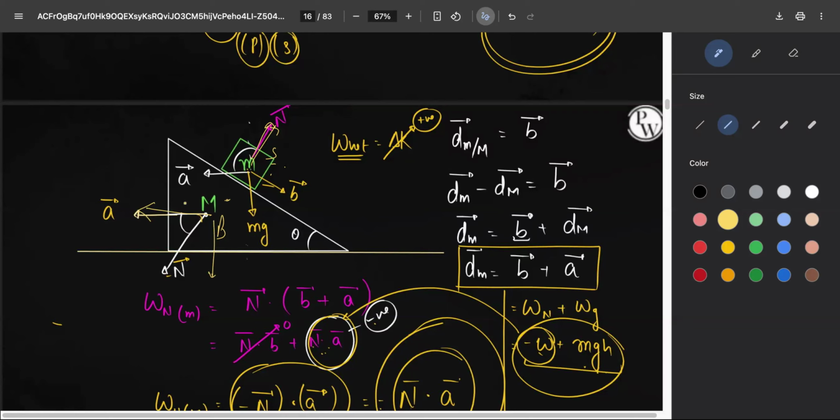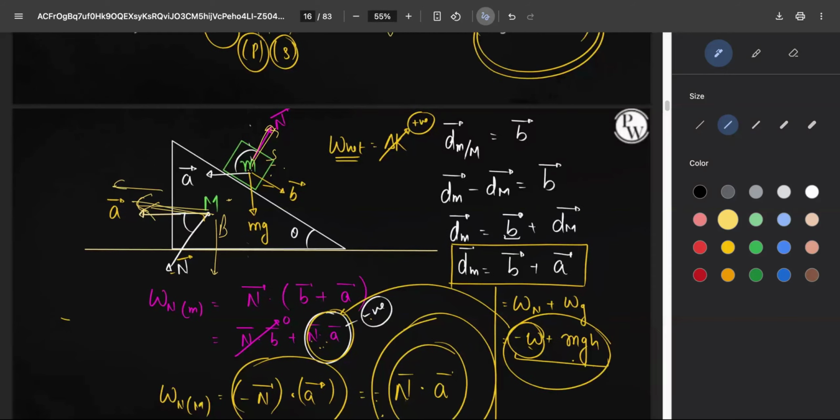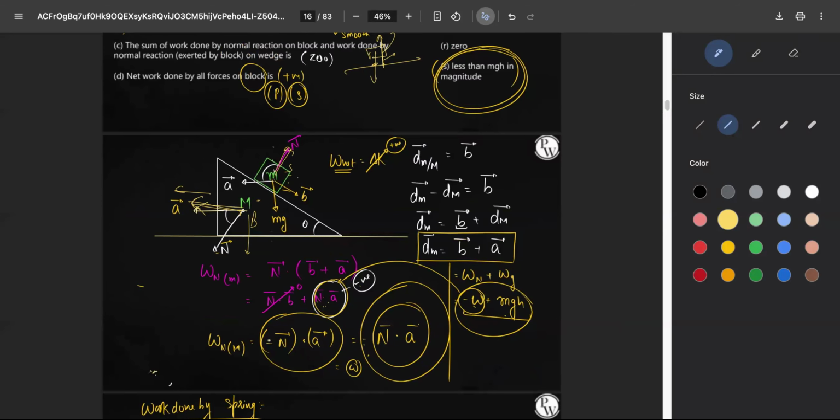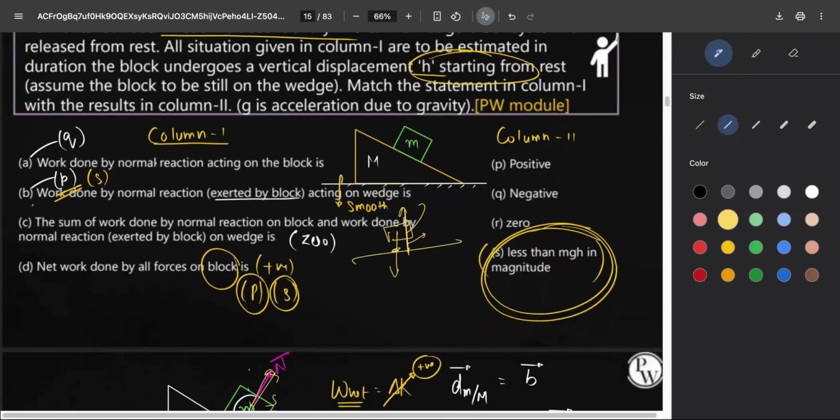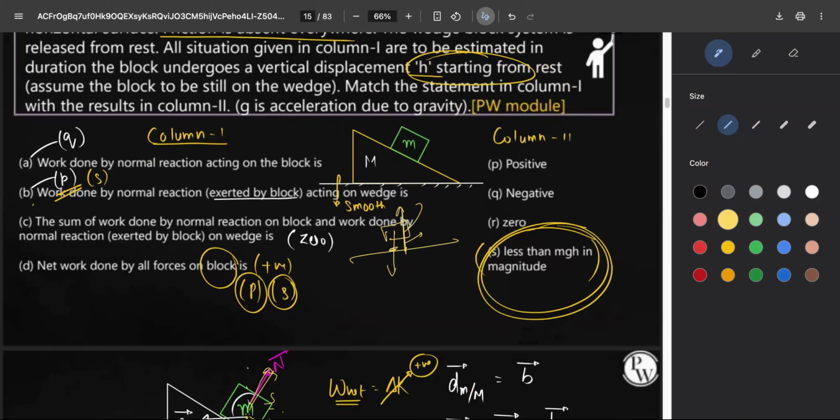Due to this component of the normal reaction, this block is going to move in this direction. Understood my point? Okay. That's why they have not asked; the work done by the normal reaction is zero. Clear?